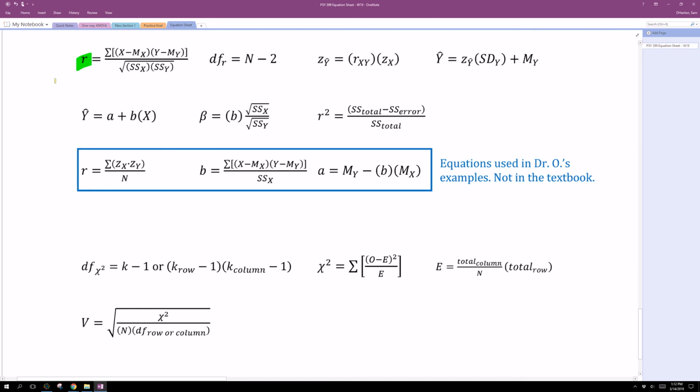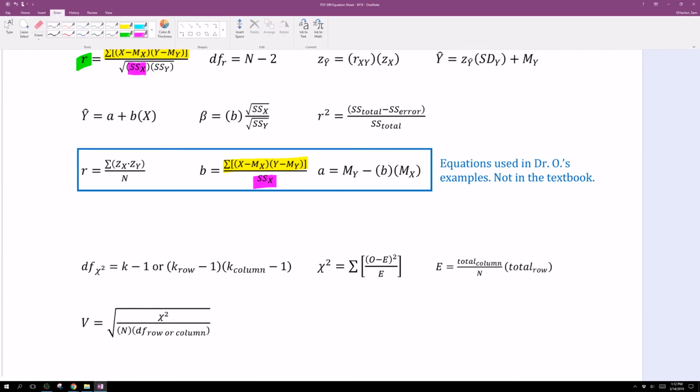Okay, so if you calculated R using this equation, you have that. It's the exact same thing right here. So you already calculated that, plug it in the equation for B. Over here, you already had to calculate sum of squares sub x, so you plug that in the equation for B. You now have B.